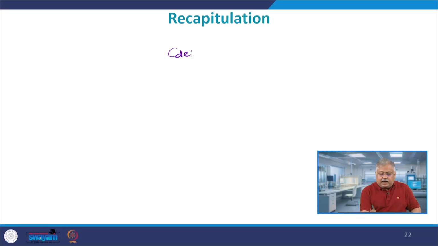With this, let me recapitulate what we did. We today did a CV characteristics where we tried to find out the capacitance versus voltage characteristics using C depletion, right? We looked into C depletion, we looked into C accumulation, and we also looked into C inversion or C min value here, C min.